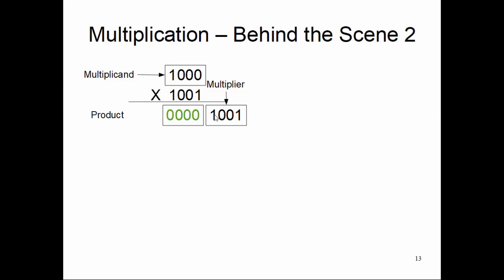These two registers have a special arrangement between them, so that if we right shift these two registers, the LSB of the left-hand-side register will come into the MSB of the right-hand-side 4-bit register.